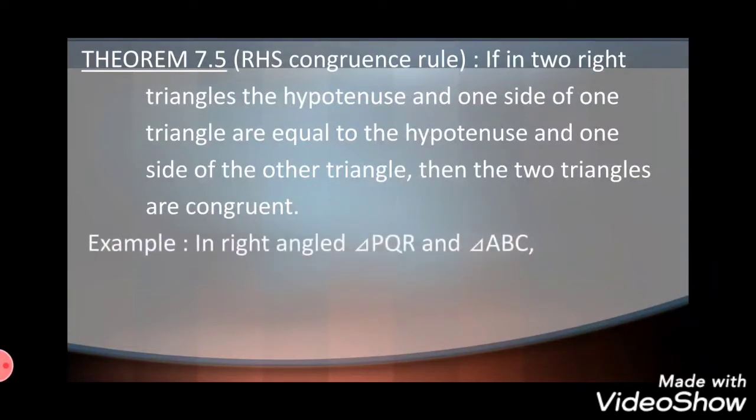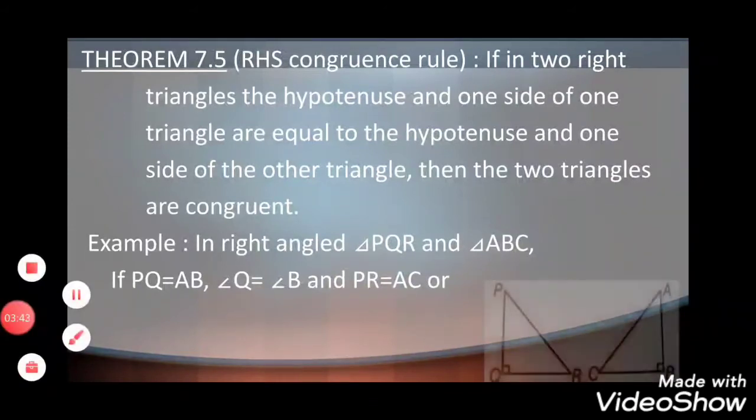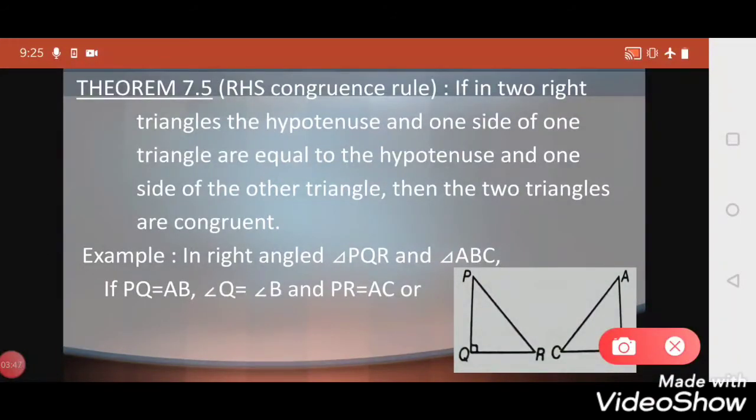For example, in right angled triangle PQR and triangle ABC, if PQ equal to AB, angle Q equal to angle B, and PR equal to AC. Let's see the figure. First the hypotenuse is given.